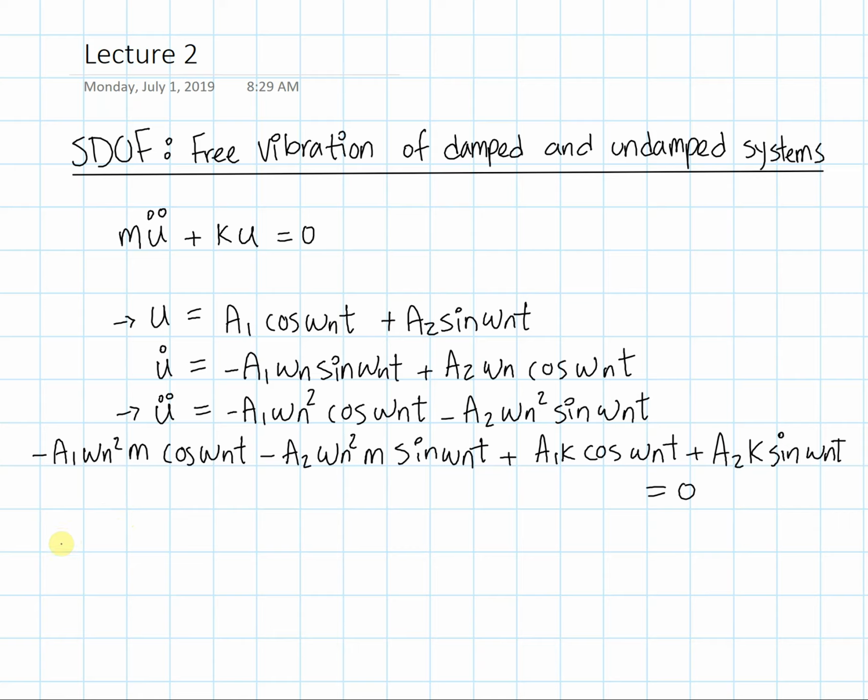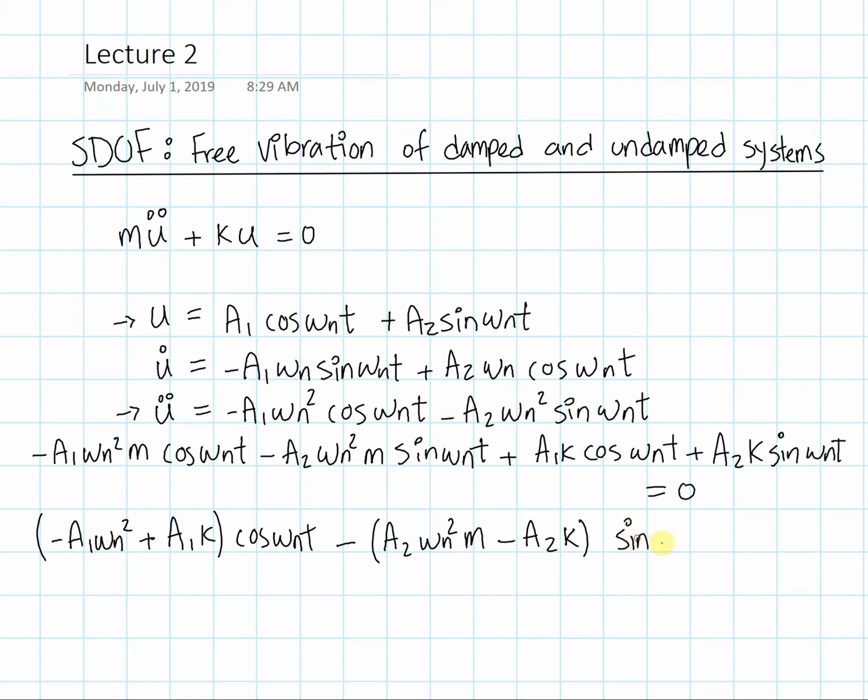So what we're going to get is brackets minus a1 omega n squared m plus a1 k, times cosine omega n t, minus a2 omega n squared m minus a2 k, times sine omega n t is equal to 0.